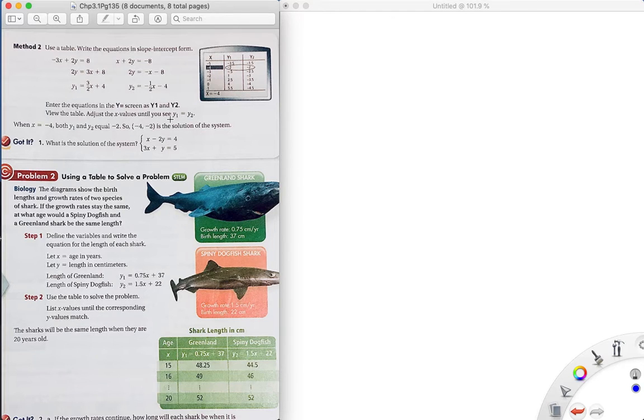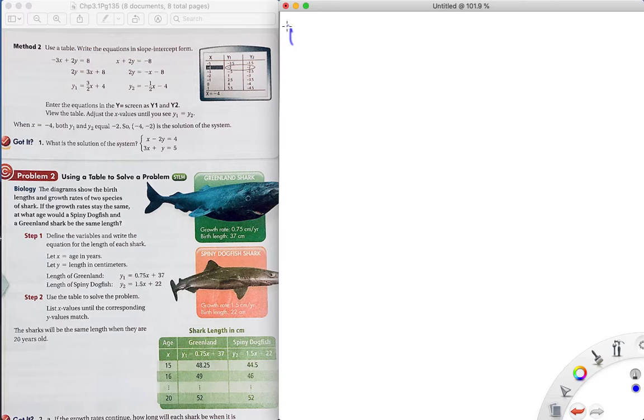So for number 1, we have x minus 2y equals 4. I can subtract x from both sides, -2y equals -x plus 4, and then divide by -2. y equals -1/2 x minus 2.